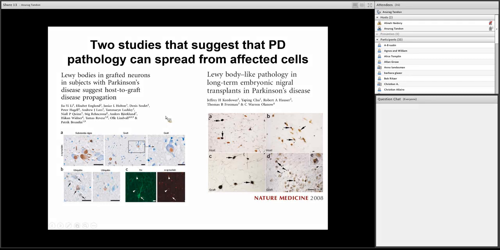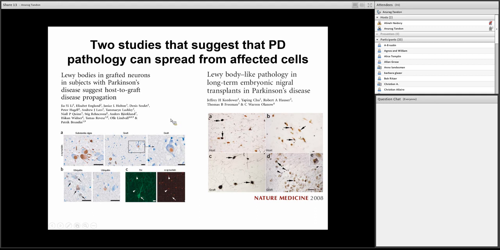These patients, prior to death, had received these grafts somewhere between 8 to 15 years prior, and some had unilateral grafts, others had bilateral, so one side or both sides of the brain had received these grafts.